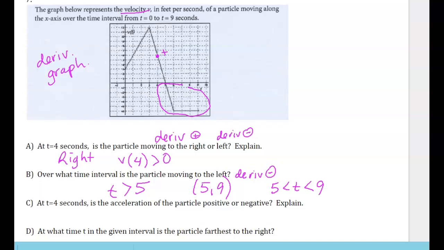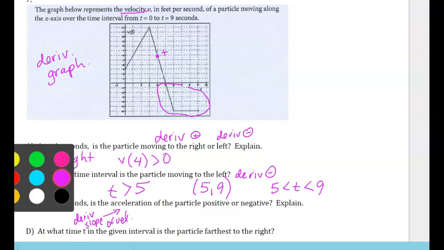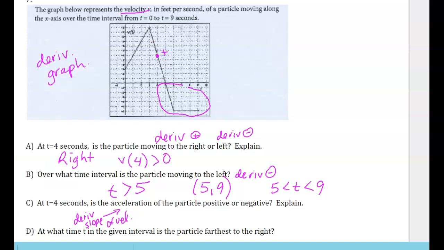All right, part C. At 4 seconds, is the acceleration of the particle positive or negative? So remember, acceleration is the derivative or the slope of velocity. So since this is velocity, I want to know what the slope is. So at 4, this would be my tangent line, and that has a slope that's negative.